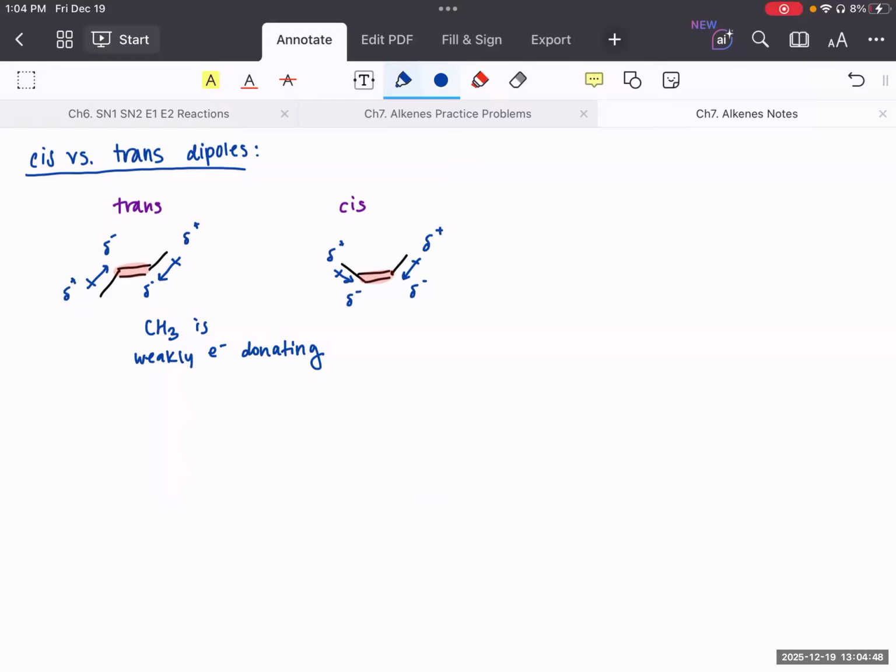If we think about the net dipole, and I'll use green to show the net dipole, we get a small net dipole in the case of the structure on the right, because those dipoles don't cancel each other out. Meanwhile, the trans alkene has no net dipole because those two cancel each other out. They're in opposite directions of each other. Their directions cancel out.